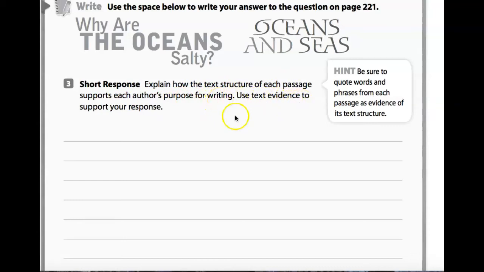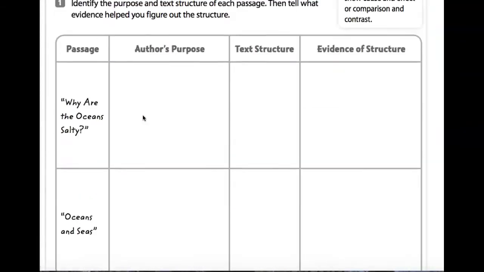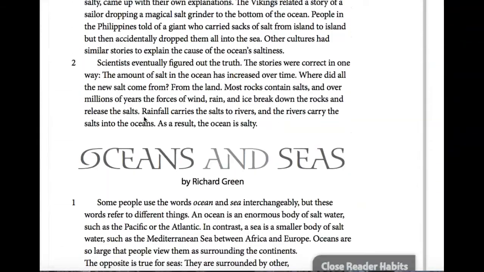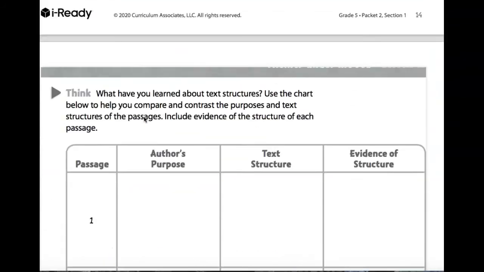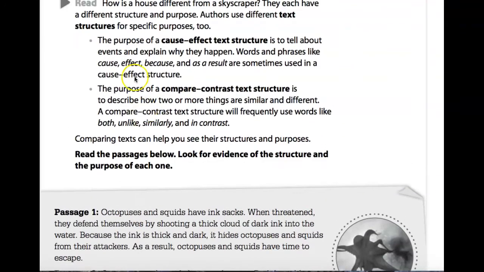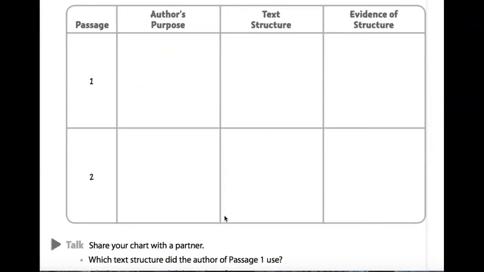Use text evidence to support your response. So you could even go back to some of these words and say whatever's in there. Let me see, where is it? Okay, you could say the fact that he used in contrast indicates that it's a compare-contrast one. As a result, tells you that it's a cause and effect text structure, that kind of thing.